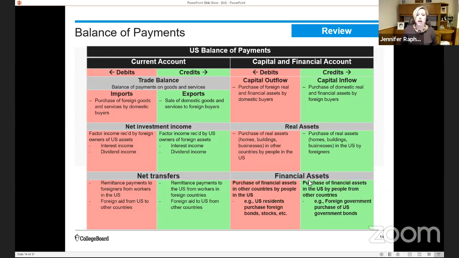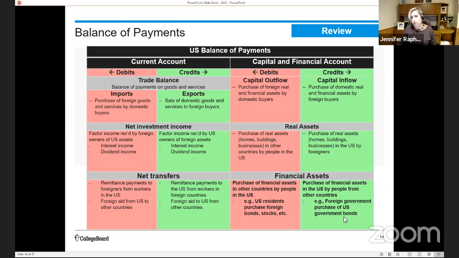Financial capital relates to the purchase of financial assets. And so the most common financial asset you'll be asked about in AP Principles of Macroeconomics class is the purchase of bonds, right? Interest earning bonds. But a stock is also a financial asset, and currency is a financial asset too. So when US residents purchase foreign stocks and bonds, that represents financial capital outflow.